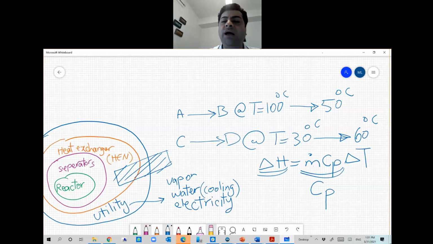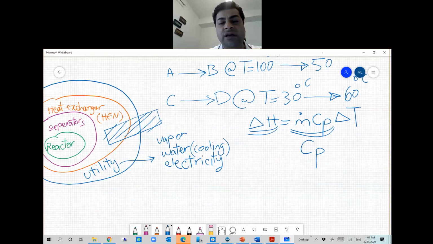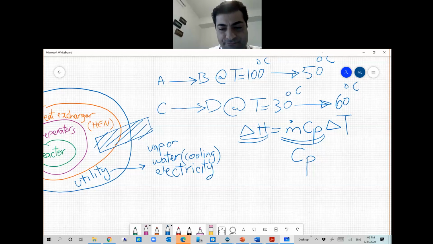So when you have these two streams like B and D, and one of them wants to be heated to 60 Celsius, another one wants to be cooled down to 50 Celsius, you know that we design a heat exchanger, for example, a shell and tube heat exchanger.